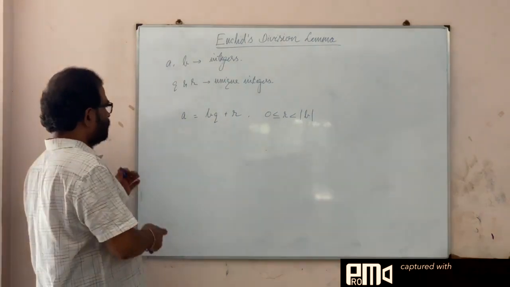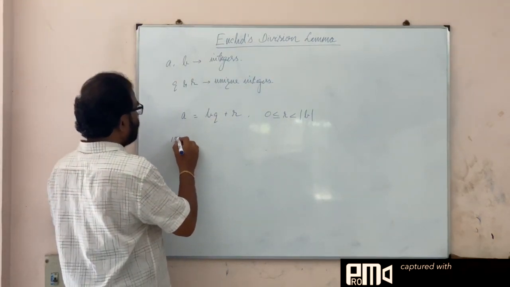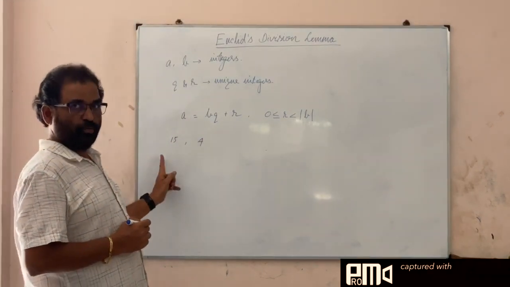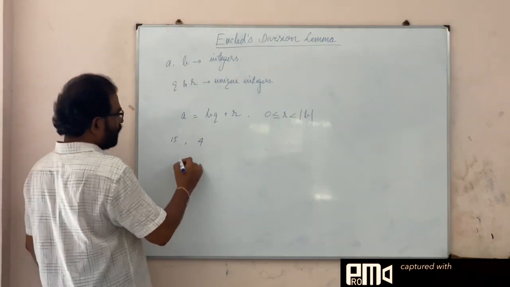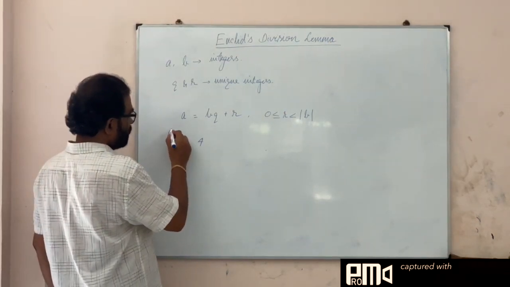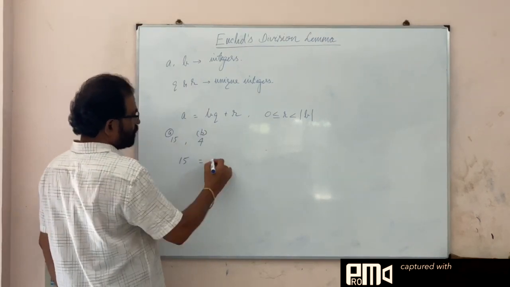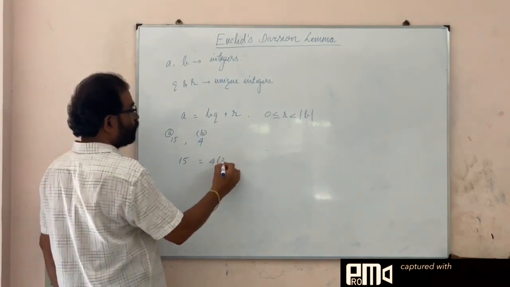Suppose I take 15 and 4, two integers A and B. So 15 is 4 into something, B into Q. I can write 4 into 3.